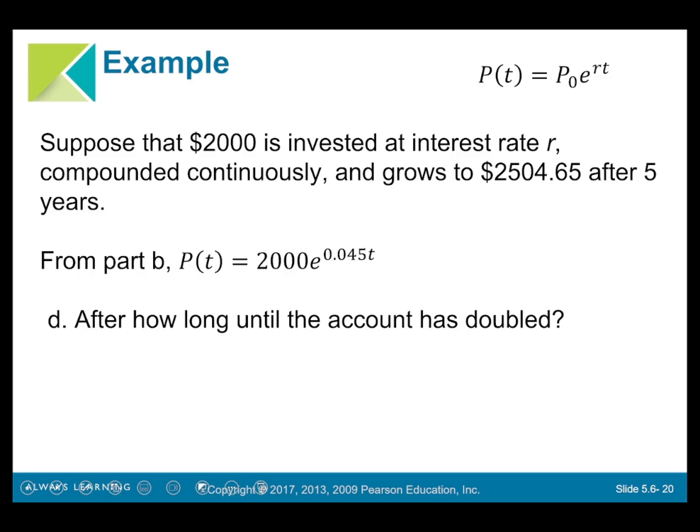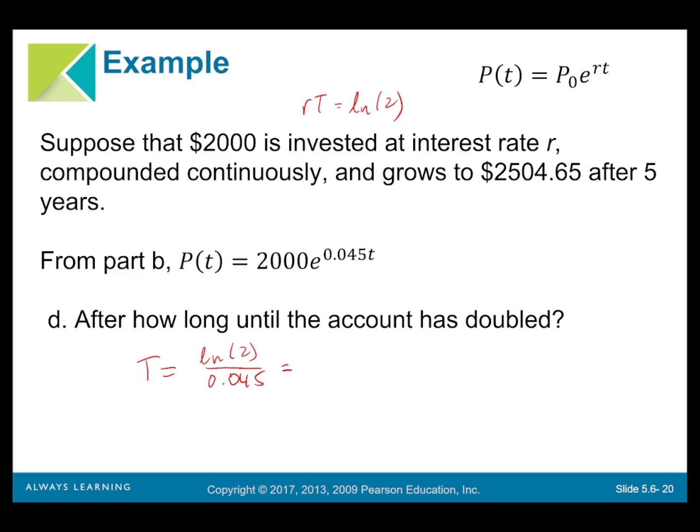All right, well, how long does it take for the account to fully double? So remember that we are given those nice equations. We know r times t for a doubling time is ln of 2. So if we're given our rate and we want to find the doubling time, we know t equals ln of 2 over 0.045. And this just keeps it simple.